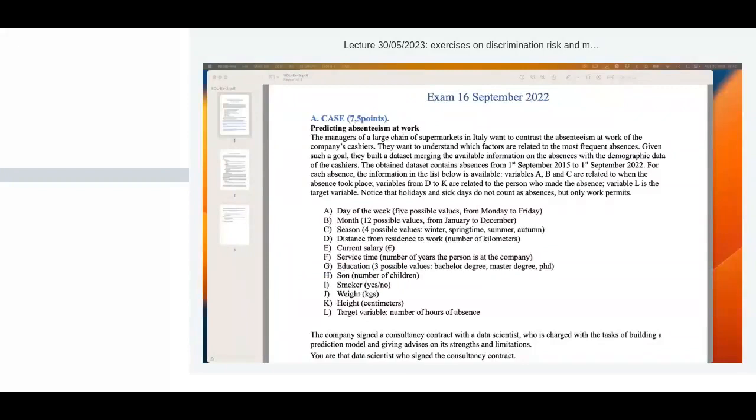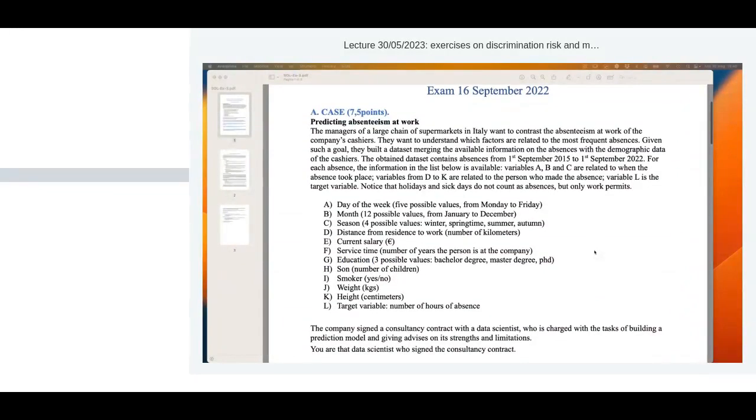I apologize, I forgot to record the first part of the explanation. I was saying that you don't have information on the year, so you cannot distinguish absences taking place on the same day of different years, and also the duration of the absence.